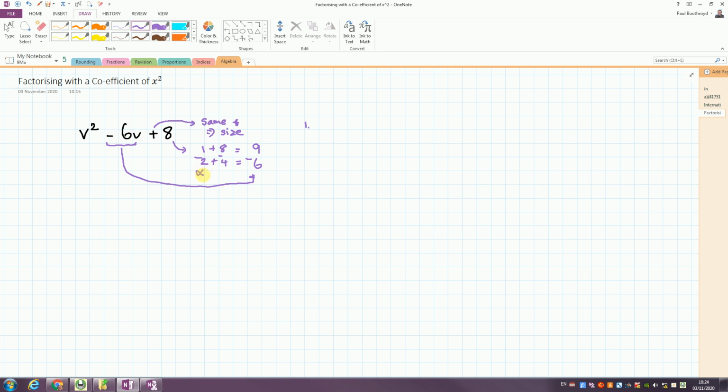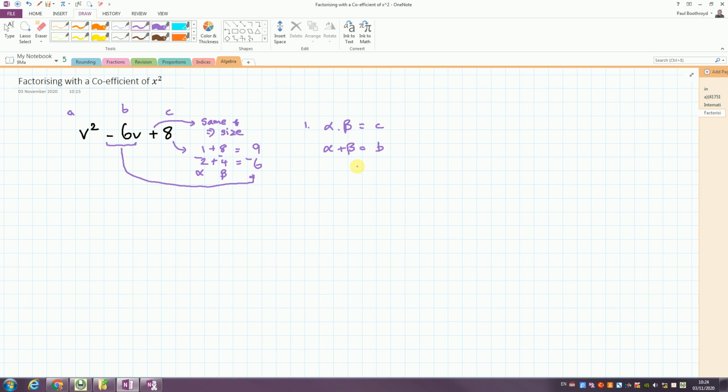These are actually called roots, and they're called alpha and beta, Greek terms. So in this case, alpha times beta must equal my number on the end, and if you're familiar with something that will come up later, the quadratic formula, alpha times beta must be equal to the c, and alpha plus beta is what gives me my value of b.